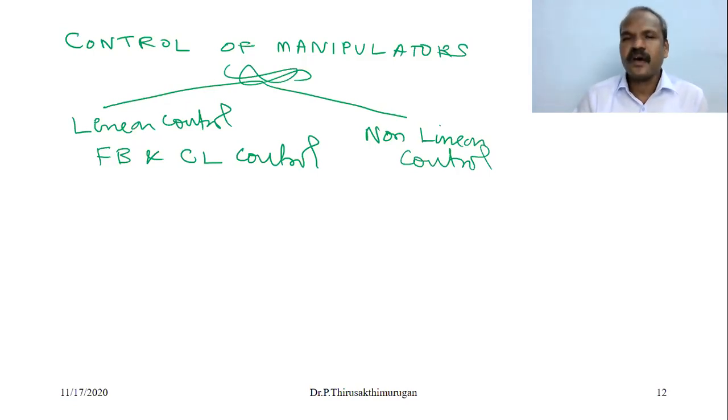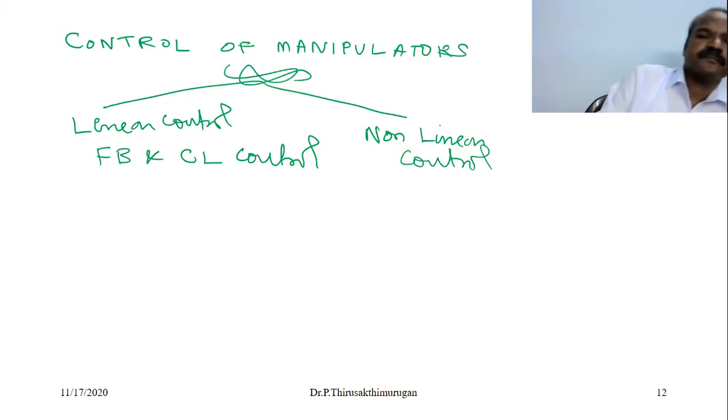Tachometers are also present in the joint. Various actuation and transmission mechanisms are prevalent in industrial robots. Clear?